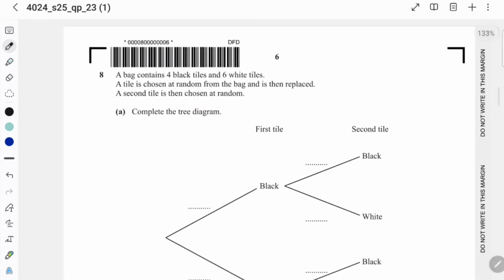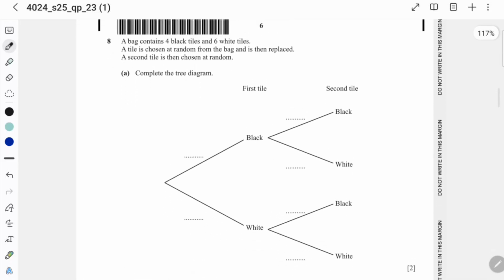Move to question number 8, a probability question. A bag contains 4 black tiles, 6 white tiles, and a tile is chosen at random from the bag and is then replaced. Okay, replaced means we don't have to subtract anything when we pick the second time. A second tile is then chosen at random, so remember it's replaced, so we don't have to exclude any tile if we pick one.